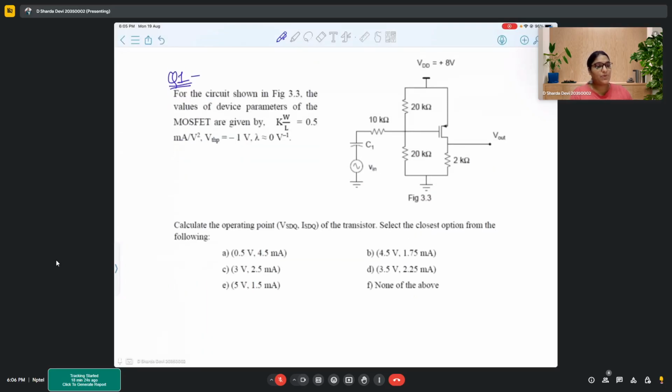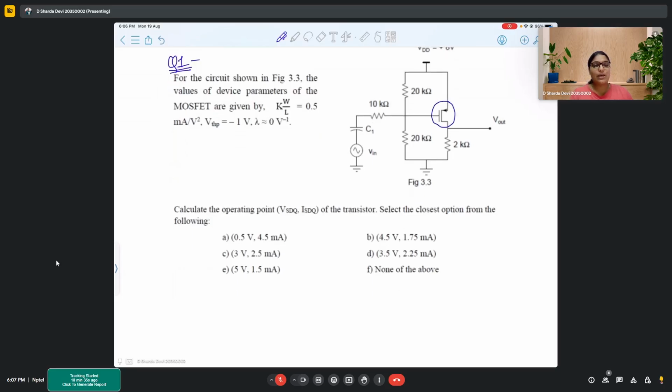So in this first problem, there is this amplifier. First of all, what type of configuration is this? What type of MOSFET is that? Is it a PMOS or an NMOS? PMOS.